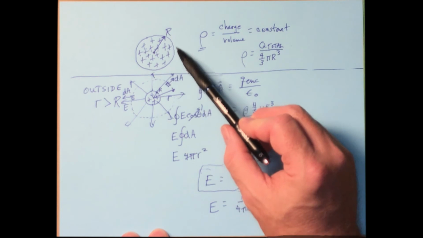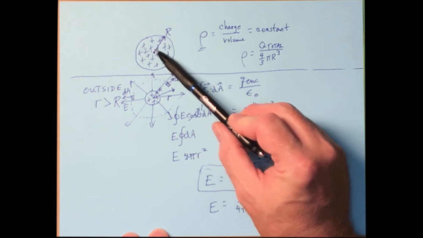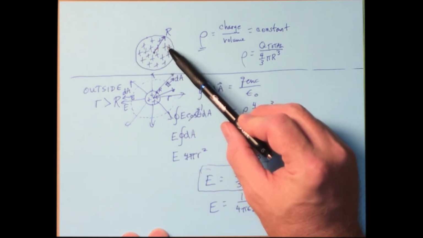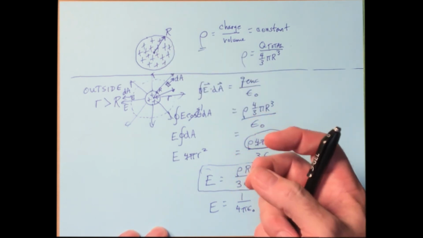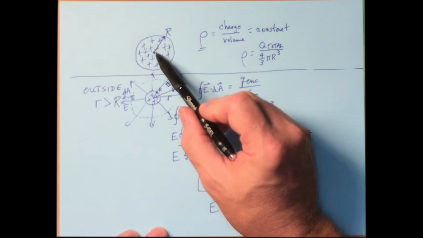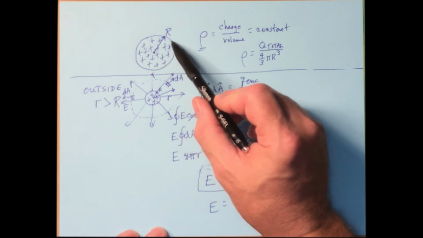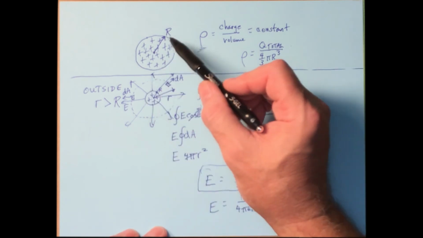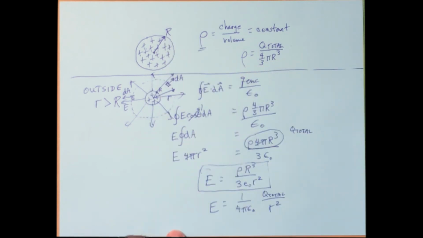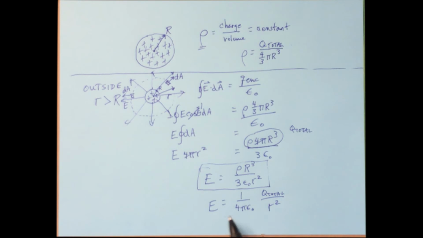You've got shell upon shell upon shell, each one a layer, and each layer behaves like a shell, so the shell theorems apply. So a series of layers can be thought of as one gigantic point charge composed of all of those layers. Nevertheless, in the long run, it still behaves as if it is a point charge.